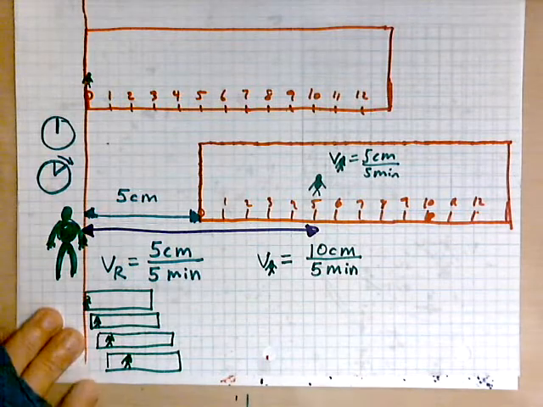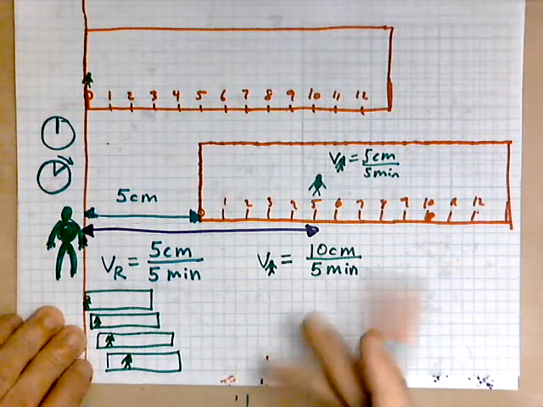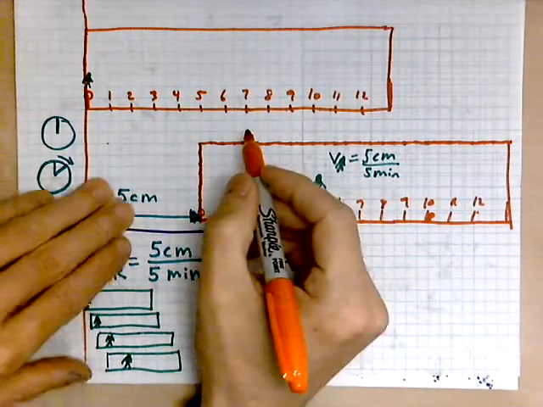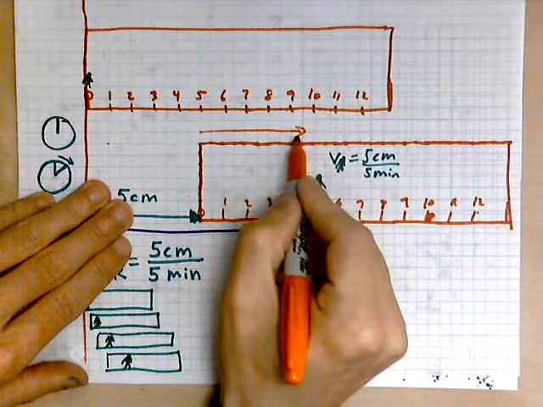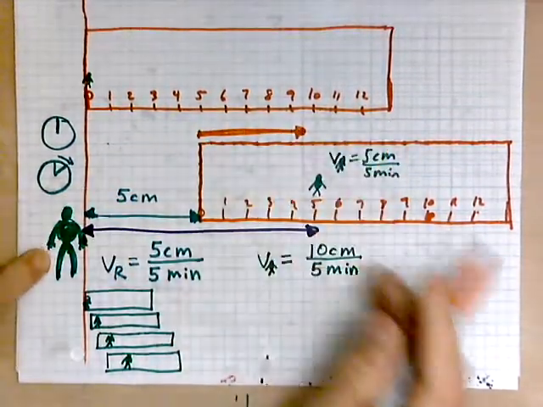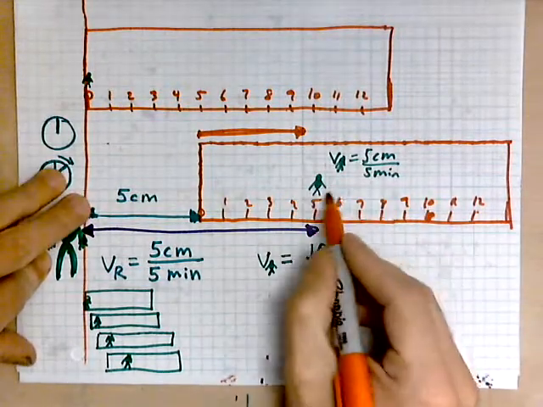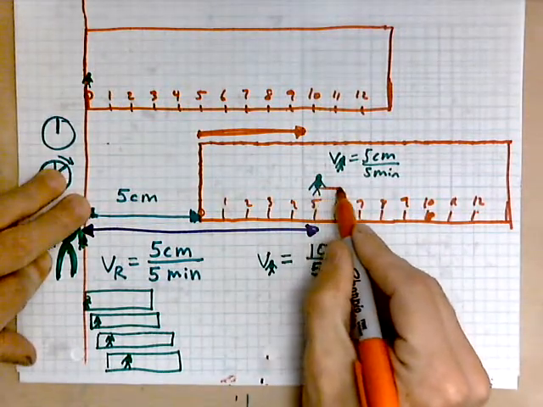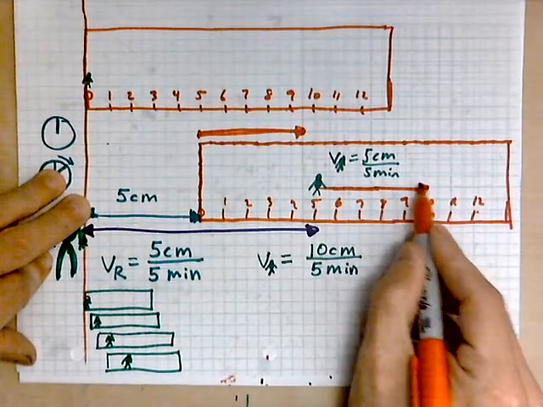So in other words, if we use vectors to represent these velocities, then the velocity of the ruler is an arrow of length 5, so that looks like this, and this represents the velocity of the ruler relative to this guy. The velocity of the dude over here is also 5, so that's 1, 2, there you go.